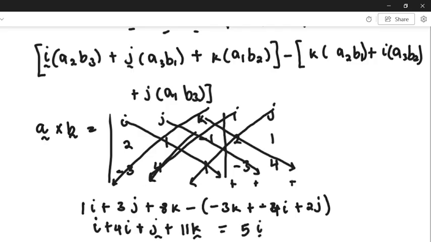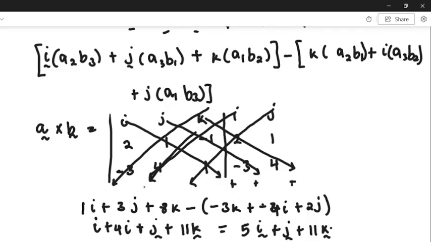So we have 5i plus j plus 11k. And now remember, you have to indicate that they are vectors. So that's how you get it. And remember, we say that a magnitude is the same as length.